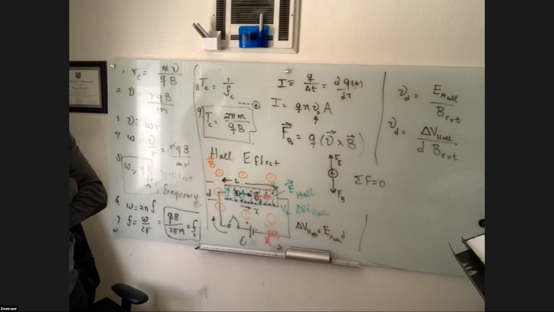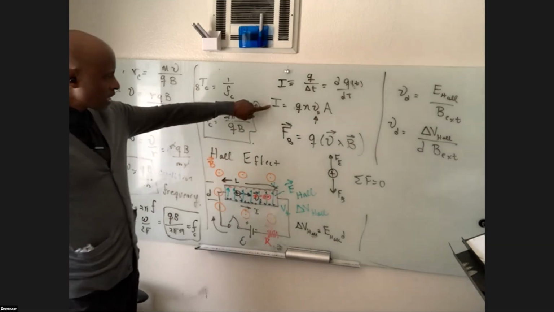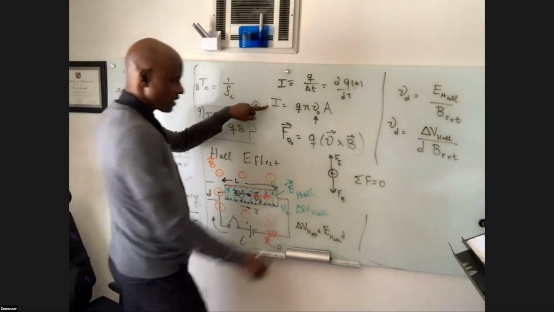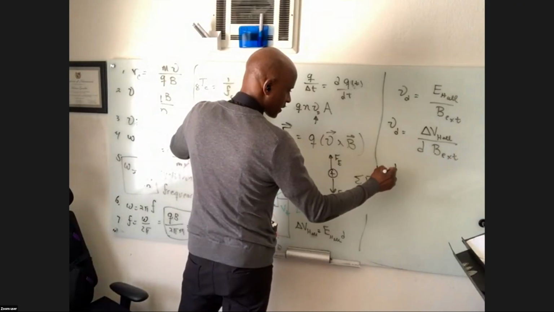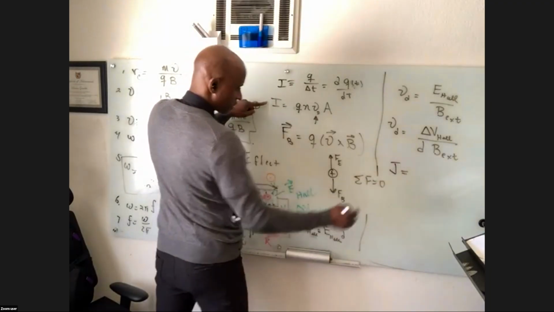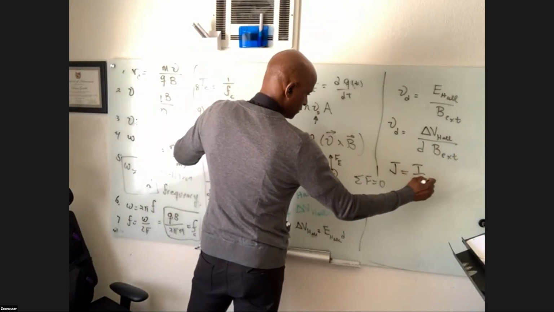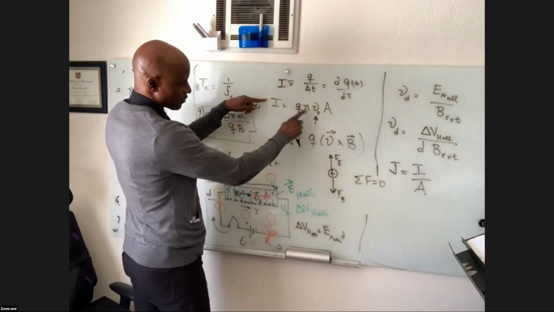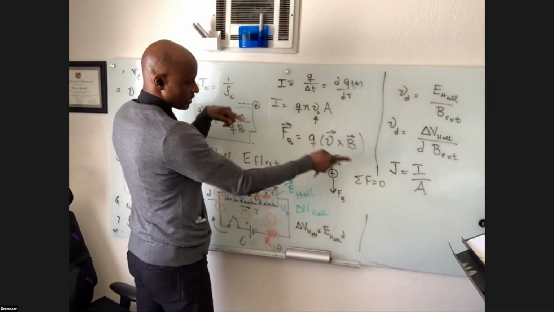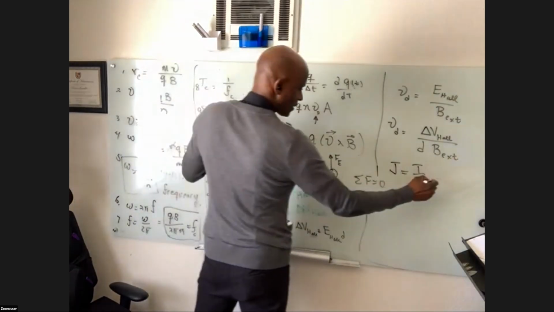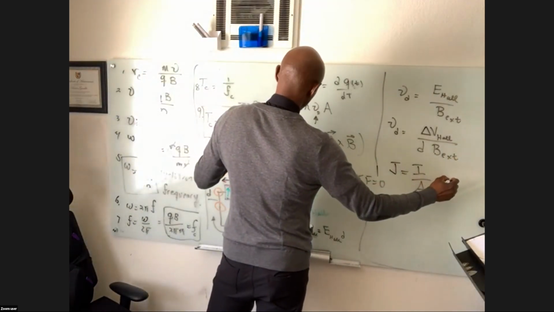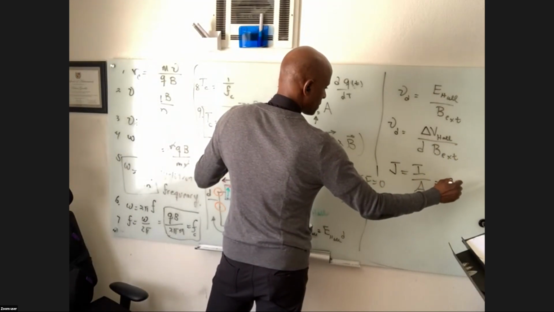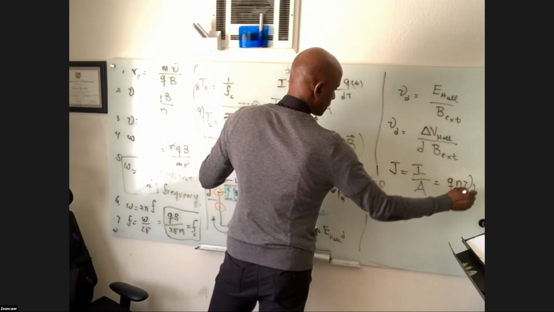Remember, I said that current density J is equal to the current I divided by the area. That's just the definition. But if I use the macroscopic view of current and plug it into that equation, then the current density is equal to Q times N times V sub D.